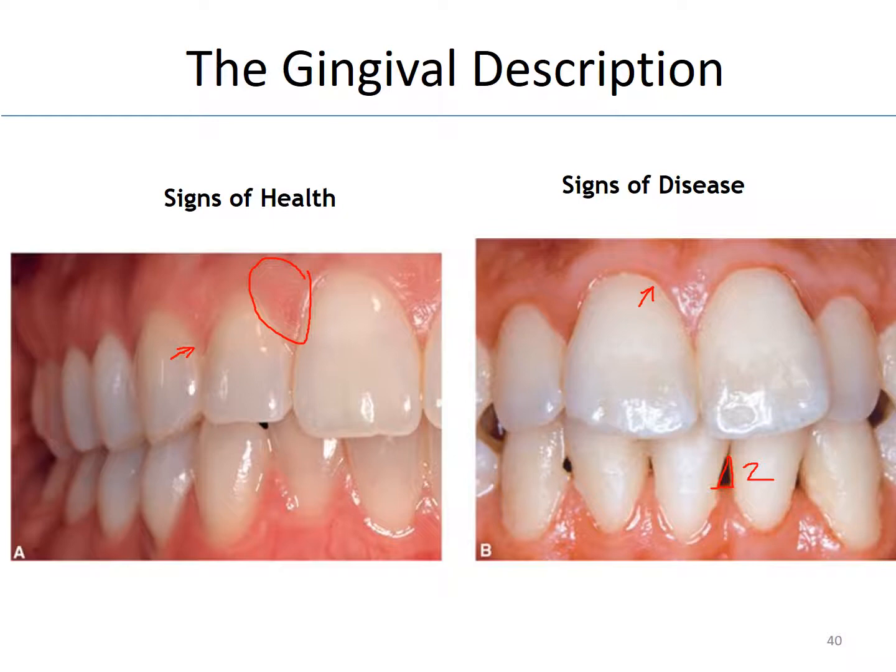So that could be contributing to it. And we need to figure out how we are going to motivate this patient to take care of their oral health. So I'm guessing if we went in and probed this area here, especially, boy, it's really getting red back here, it's going to bleed, okay?